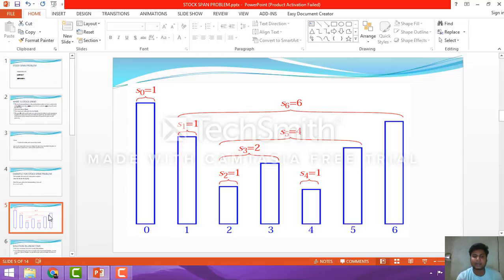We get this because the previous day should be greater than the current day, and we compare the day 3 value with the day 4 value.